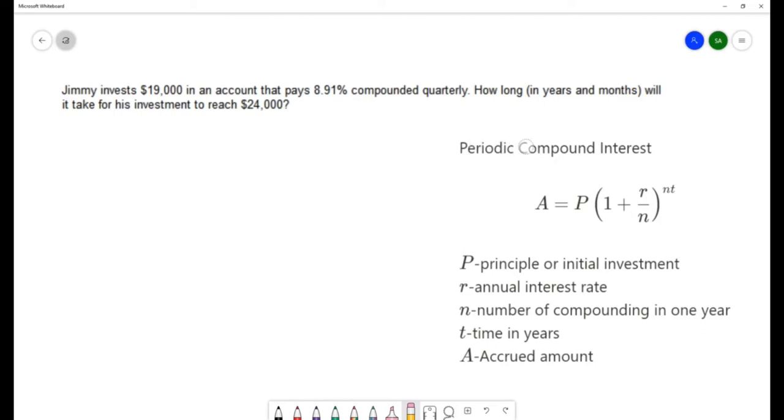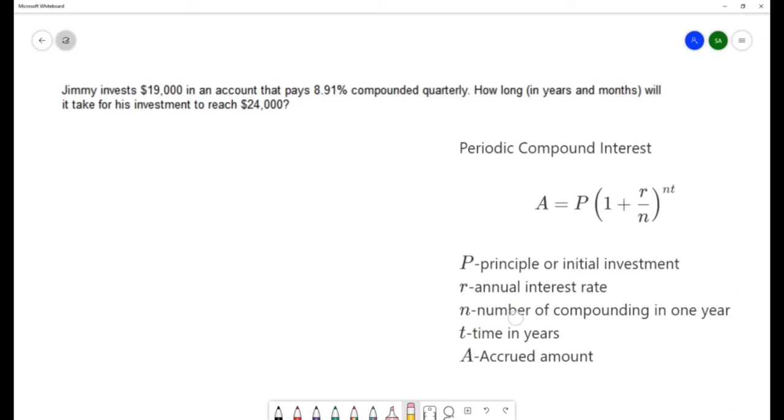So I have this formula for periodic compound interest, and the formula is A equals P times 1 plus r over n to the nt. And the values in this formula are as follows. The P stands for principal, or the initial investment. R stands for the annual interest rate.